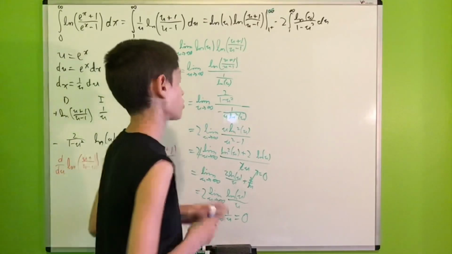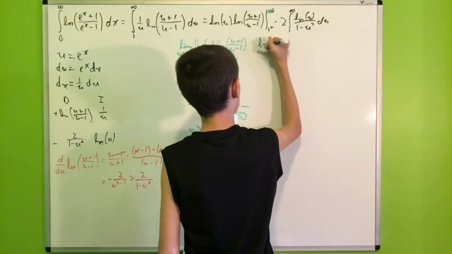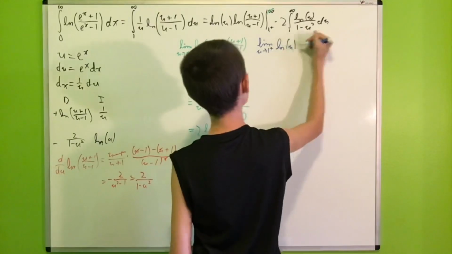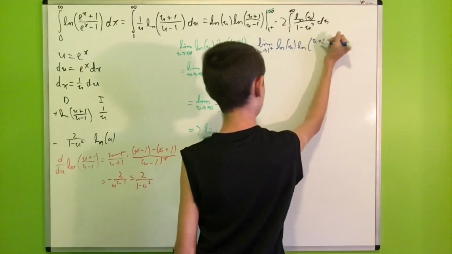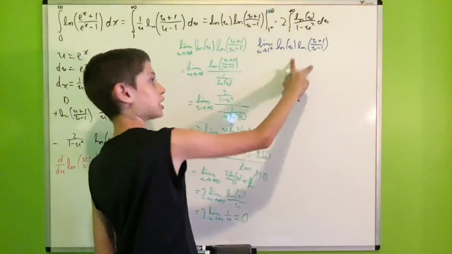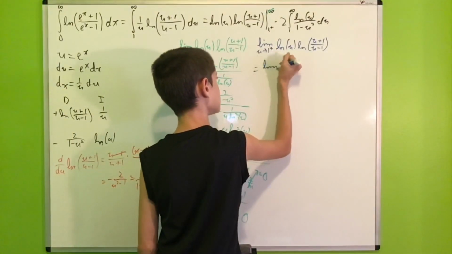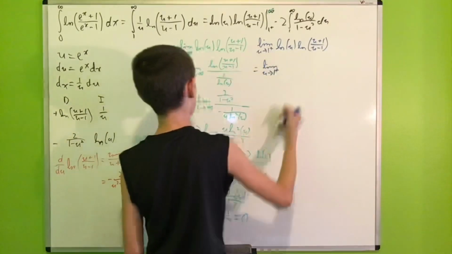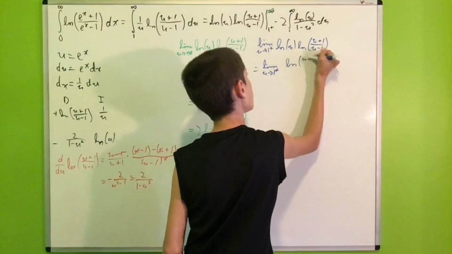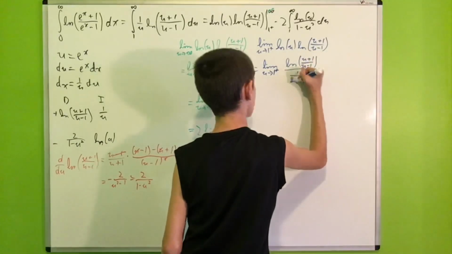So let me do this in another color. So we'll have the limit as u approaches 1 from the positive branch of the natural log of u times the natural log of u plus 1 over u minus 1. And then we can use the same rewriting trick that we did right there to get the limit as u approaches 1 from the positive branch of natural log of u plus 1 over u minus 1 over 1 over the natural log of u.